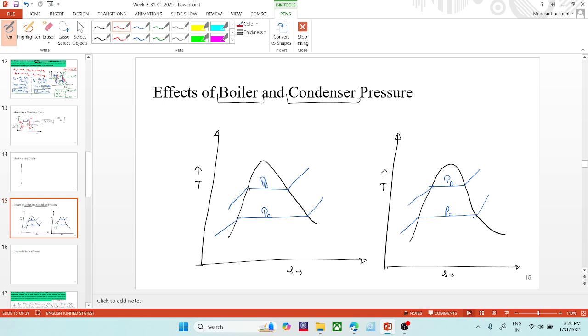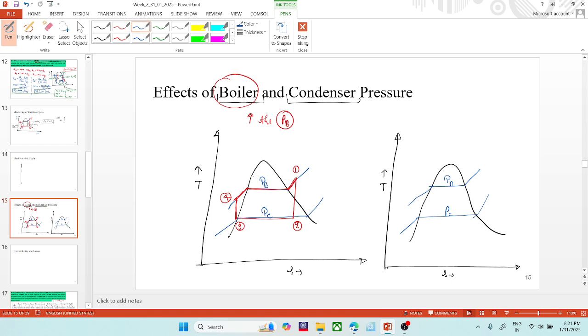So let us suppose this is our original Rankine cycle. Point 1, 2, 3, and 4. So what have we done? We have increased the boiler pressure PB.